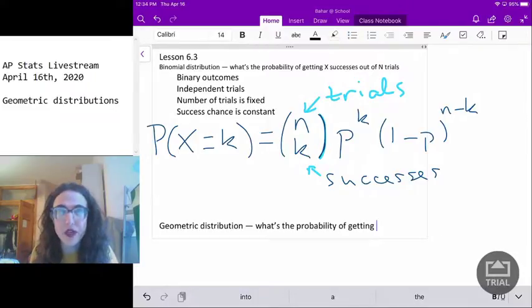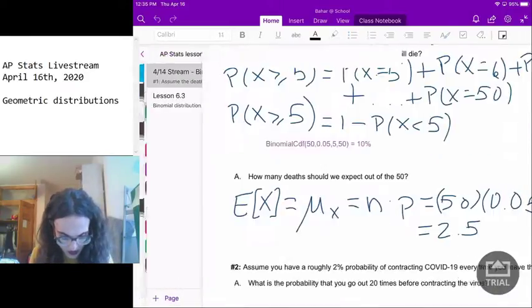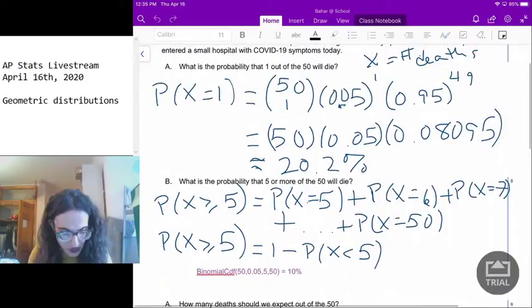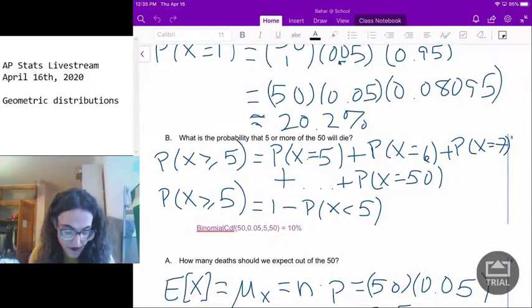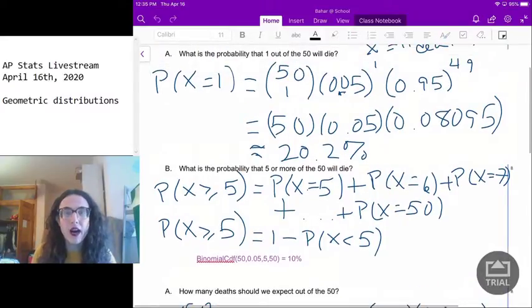Or any specific number. So the ones that we looked at were specifically around what's the probability that 1 out of 50 will die? What's the probability that 5 or more out of the 50 will die?